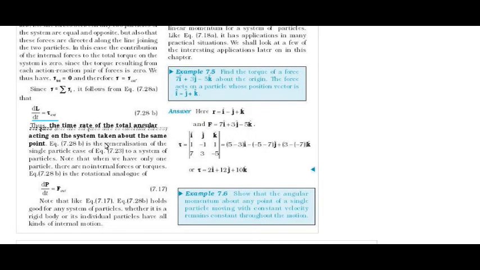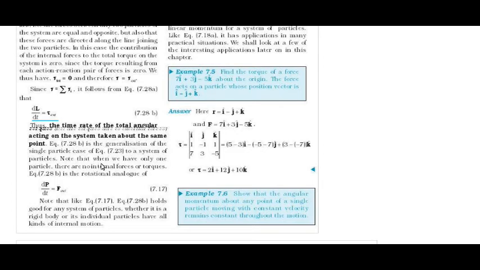Thus, the time rate of change of total angular momentum of a system of particles is equal to the sum of the external torques acting on the system, taken about the same point. Equation 7.28b is the generalization of the single particle case of equation 7.23 to a system of particles.